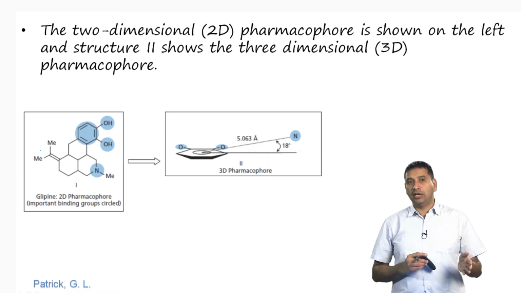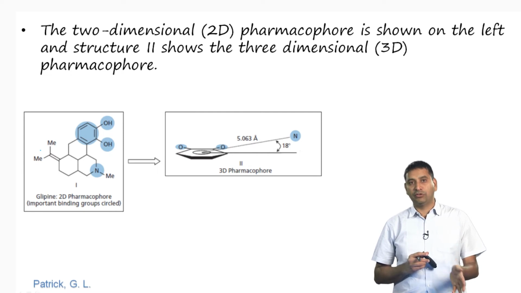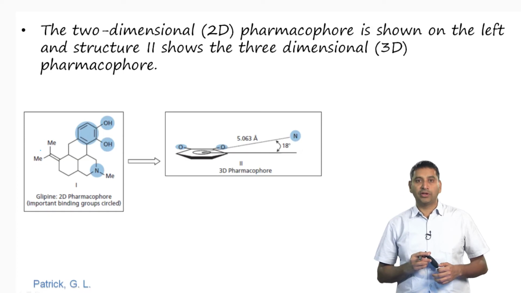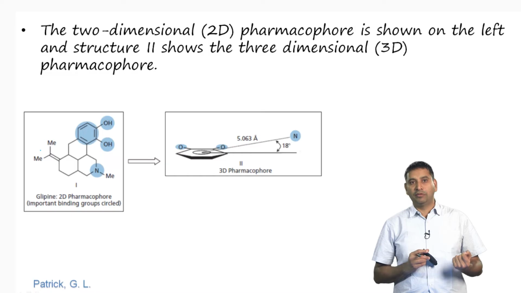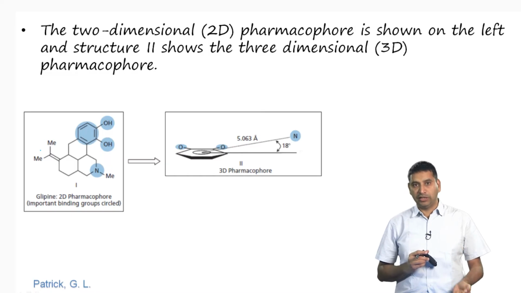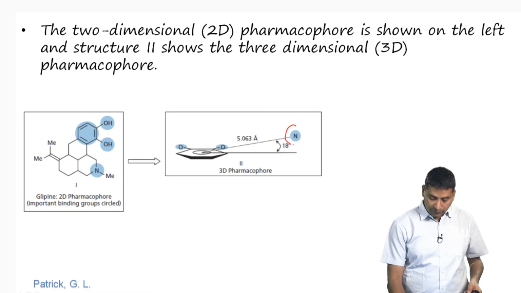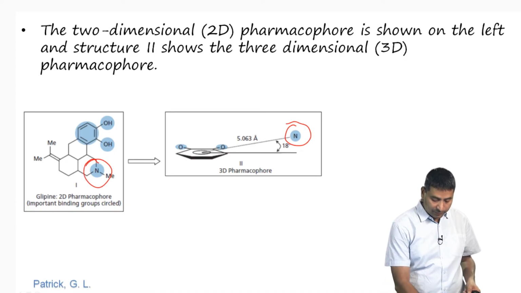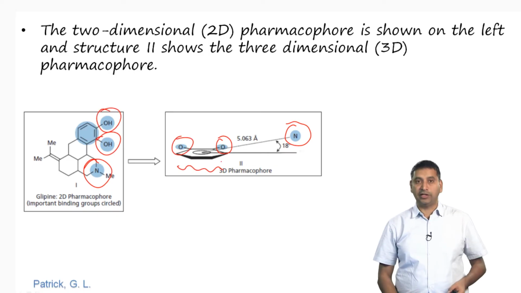So, now if I construct the 2D pharmacophore, which is shown here, then we can think about a 3D pharmacophore. Okay. So, if we have the bond distances in our hand, then one could draw out a structure which is going to be something like this, where you have a 3D pharmacophore. Here is the nitrogen of the NMe, here are the two phenols that we see here, and this, as you can see, is the aromatic ring.